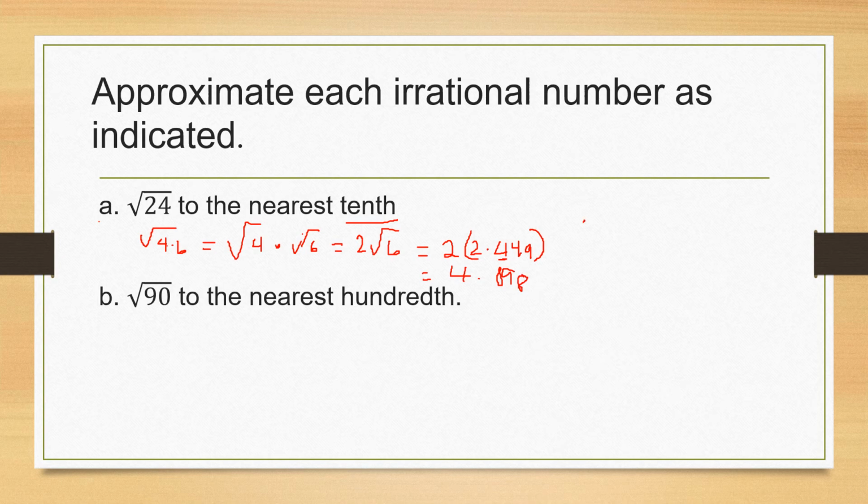So therefore, we could say, now using 3 dots, it means therefore, the square root of 24 is equal to 4.898 or 4.9, because it says here we need to, or approximately, no?